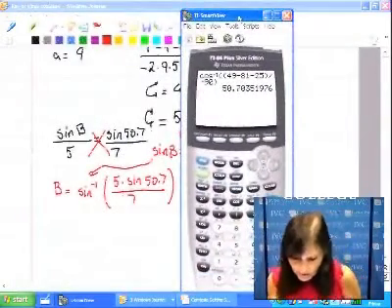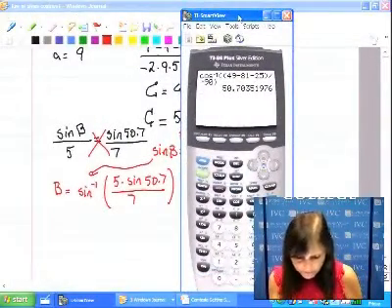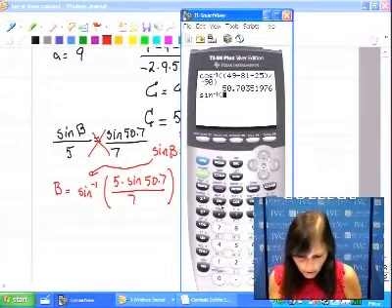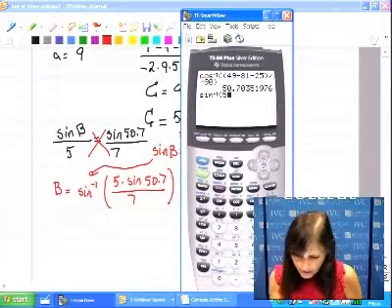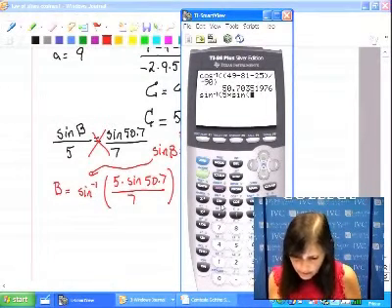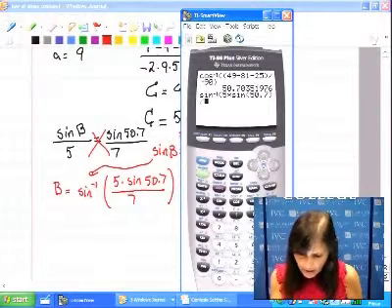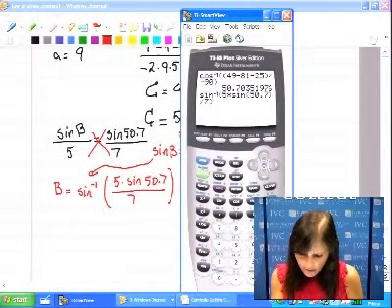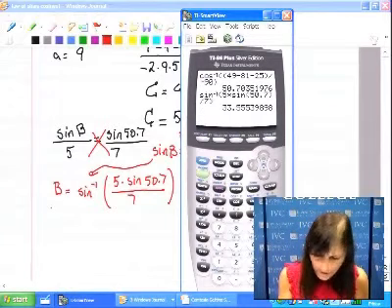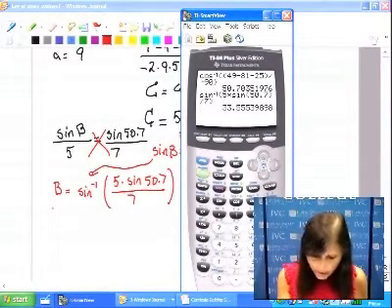So it's going to be sine inverse of 5 times sine of 50.7 divided by 7, and that is going to give me B of 33.6.